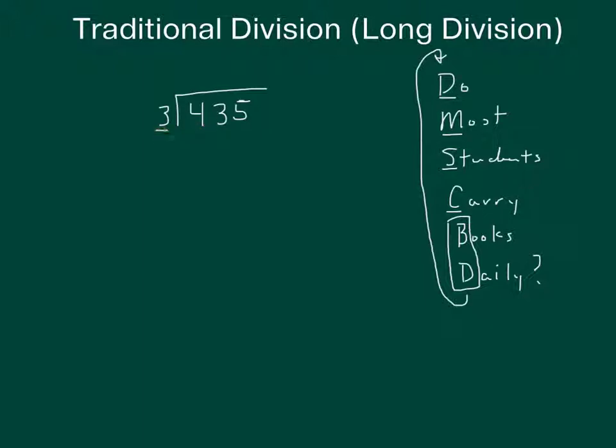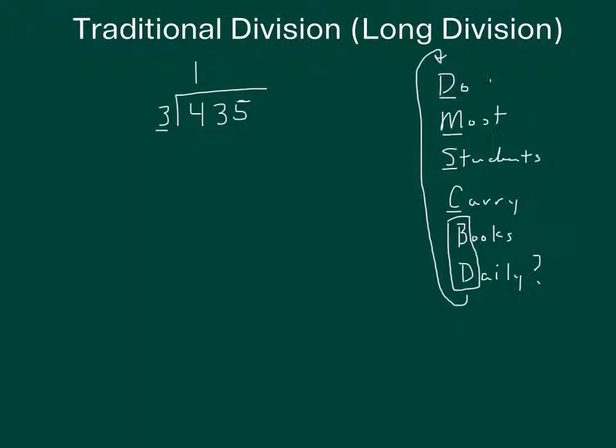In this case, it's a 3 and a 4, and this 4 is worth 100 since it's in the hundreds place. We're going to see how many groups of 3 we can get from 4. If I had 4 apples, how many piles of 3 could I get? Well, I could get 1 pile of 3 from those 4 apples.